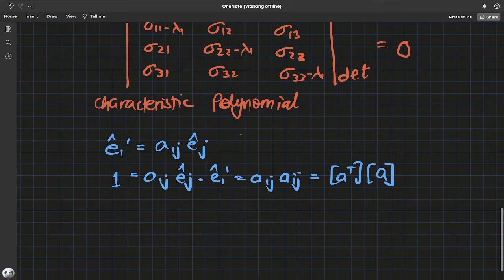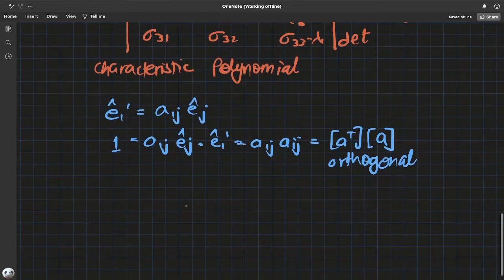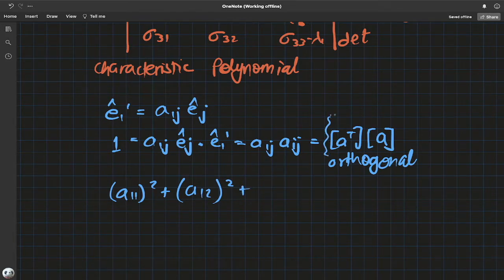So this means that it's an orthogonal matrix, or you can write it out this way: A11 squared plus A12 squared, for this case, the one case. This is a more general statement, this is a more specific statement.